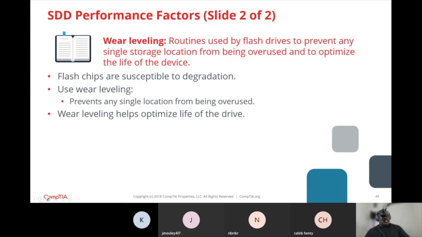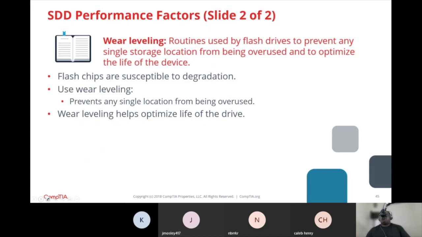Wear leveling routines are used by flash drives to prevent any single storage location from being overused and to optimize the life of the device. That's the only problem with SSDs: they can only be written and erased so many times. It is a lot of times, but it's still so many times.